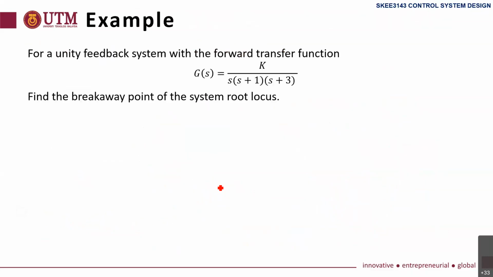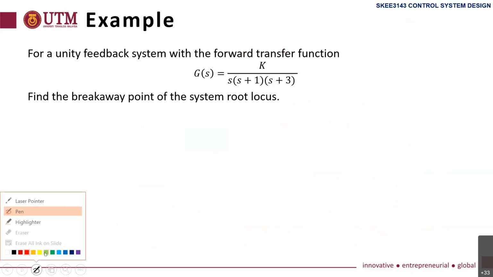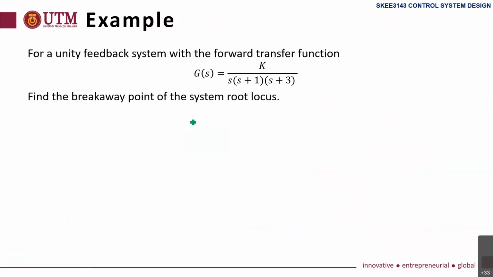Let's do one example in order to find the breakaway point. This is the same as we did just now. Plot the poles 0, minus 1, minus 3.